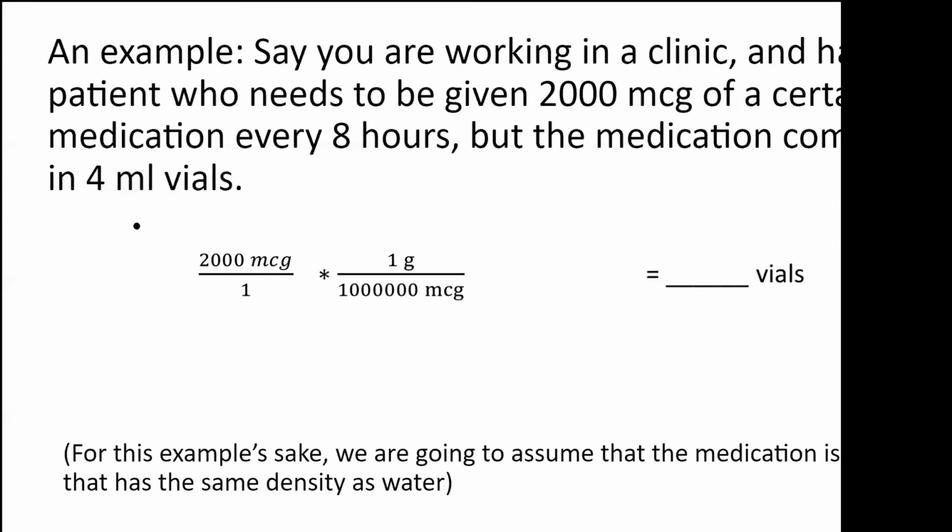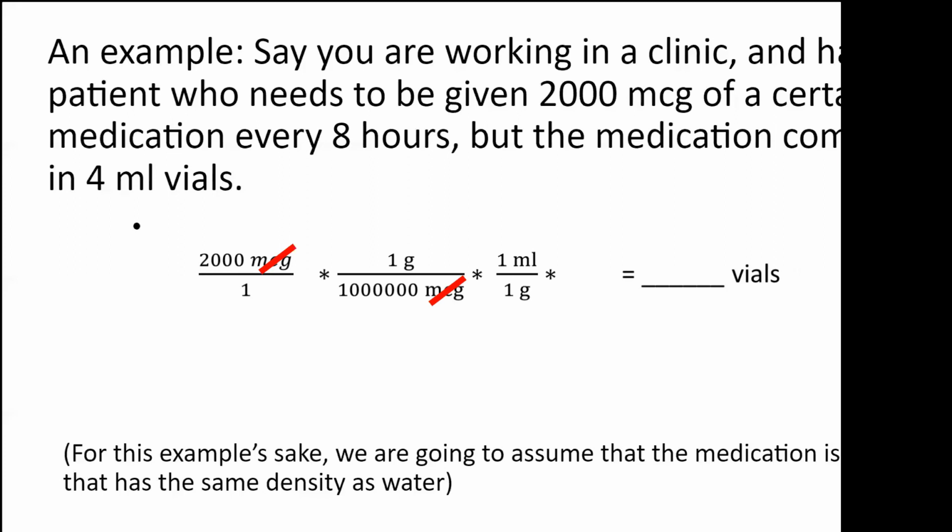So we're going to get out of micrograms by multiplying by the conversion between grams and micrograms, which we would look up in our table. And we know that 1 milliliter is the same as 1 gram because of this cool property of how our measurements of volume and mass pair up.